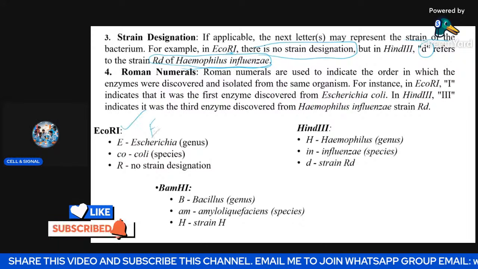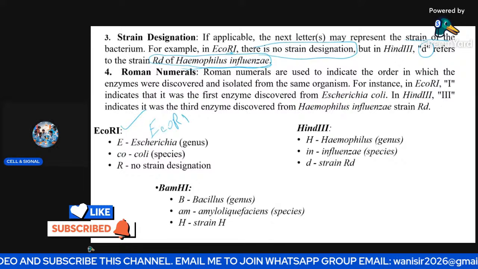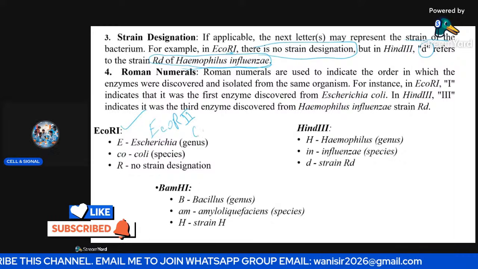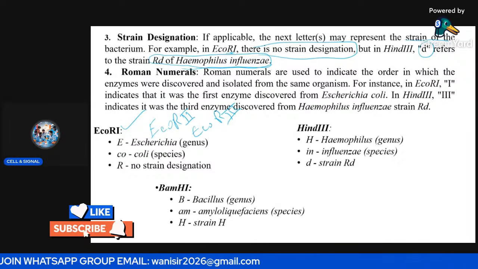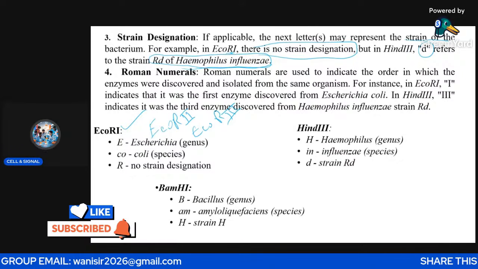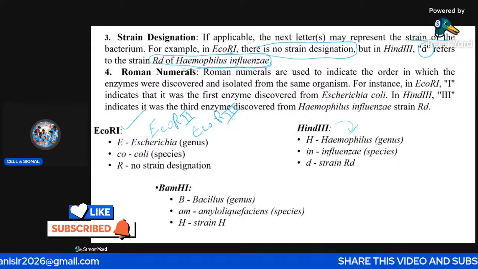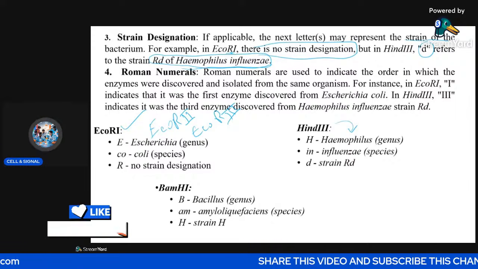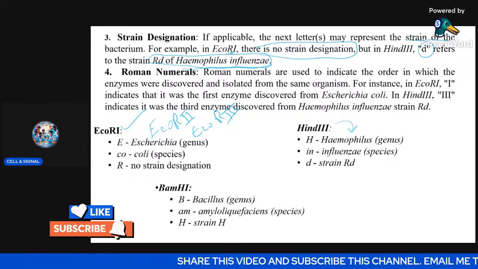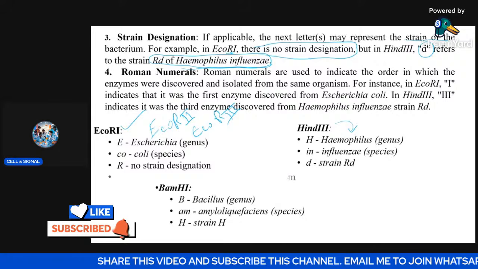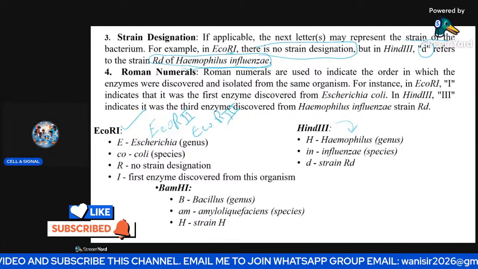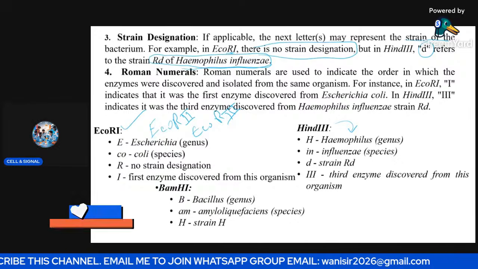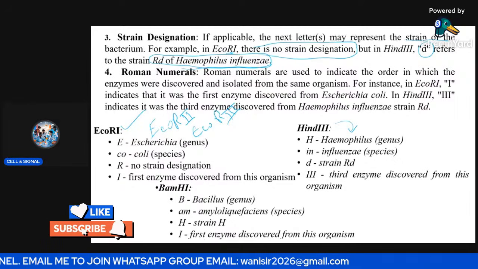The second enzyme isolated can be EcoRII, and the third enzyme can be EcoRIII. It tells the order. HindIII is the third enzyme isolated from Haemophilus influenzae strain Rd. So this is the first enzyme discovered from this organism, the third enzyme discovered from this organism, and the first enzyme discovered from this organism.